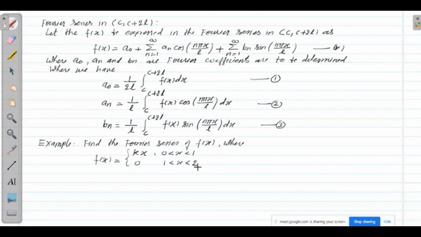This function is given to you and we will find the Fourier series of this function. How to start? Let us start in the next page.